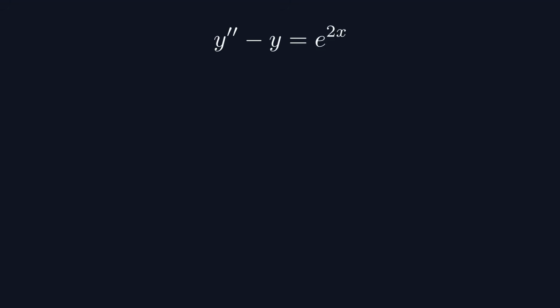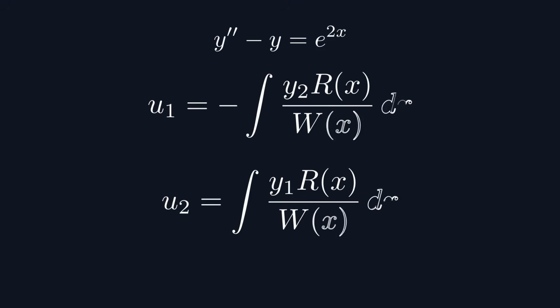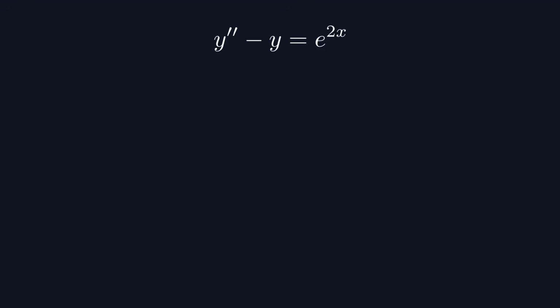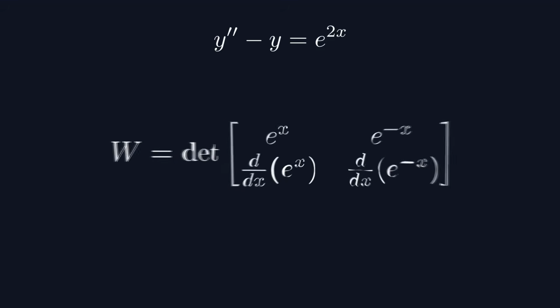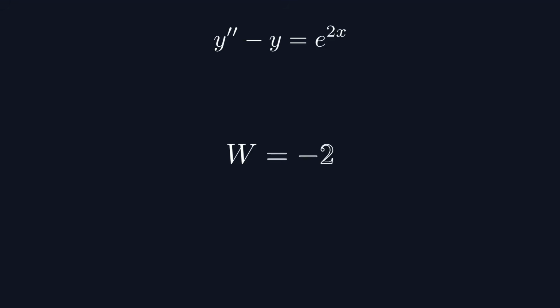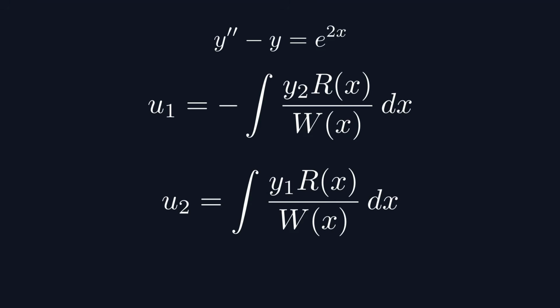The derivation is long, but here is the general formula for order 2, where W is the Wronskian and r of x is e to the 2x in the problem. We already calculated the Wronskian determinant earlier in this video. Then we compute for u sub 1 and u sub 2.